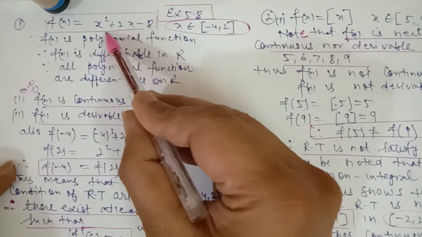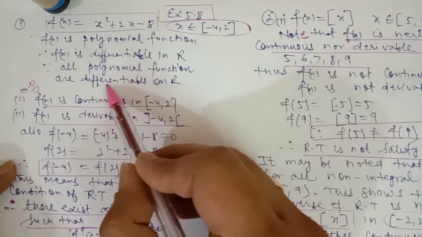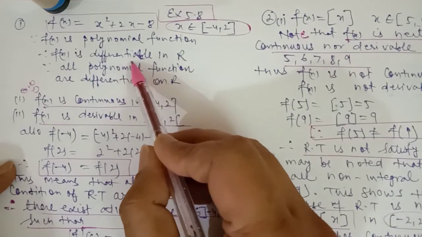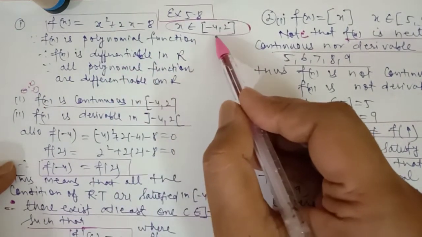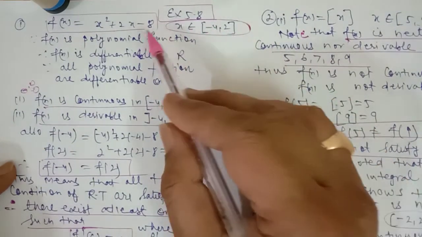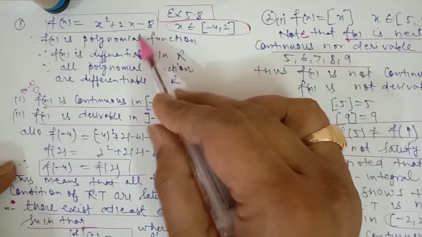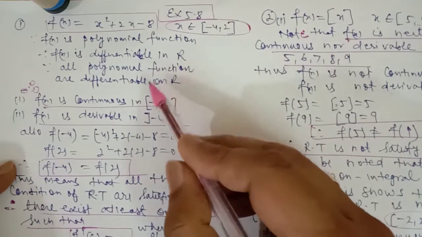Now because this x square plus 2x minus 8 is a polynomial function, and all polynomial functions are differentiable and continuous in their domains, and -4 to 2 is the domain of this function. All differentiable functions are continuous.